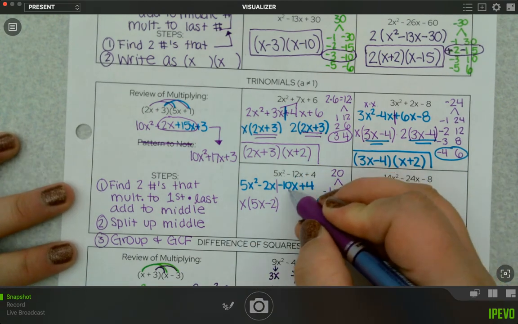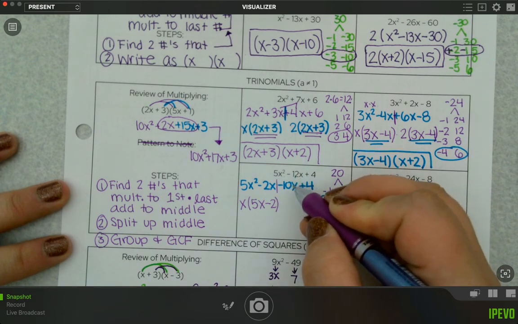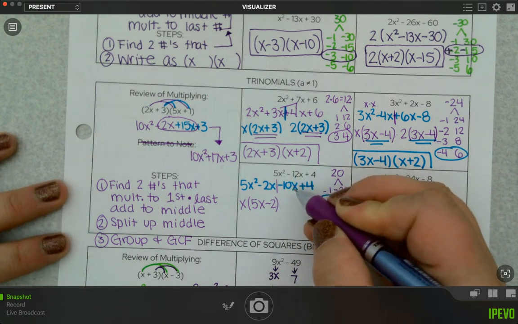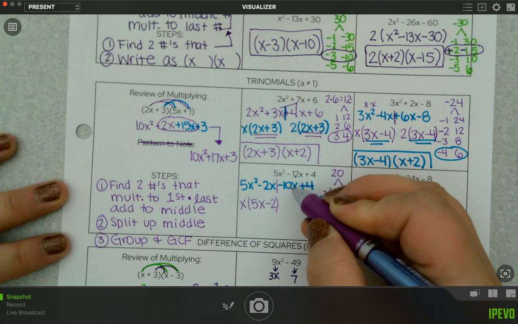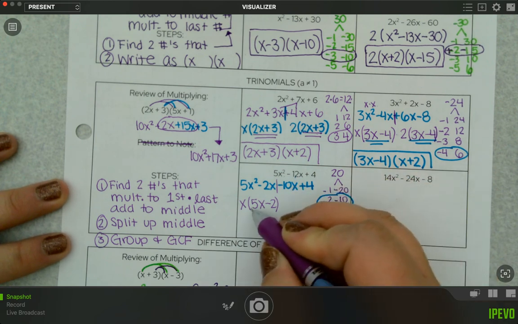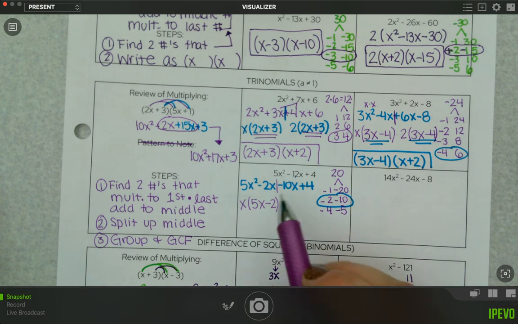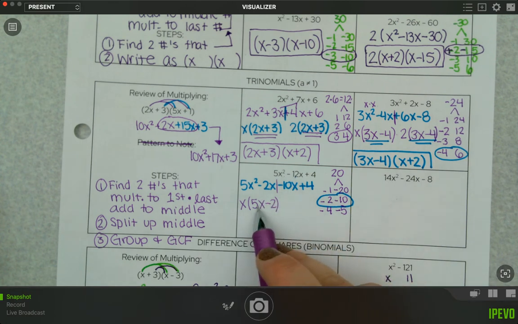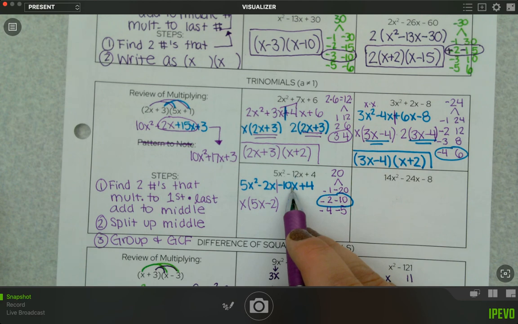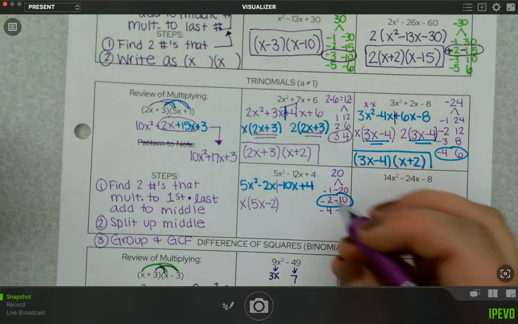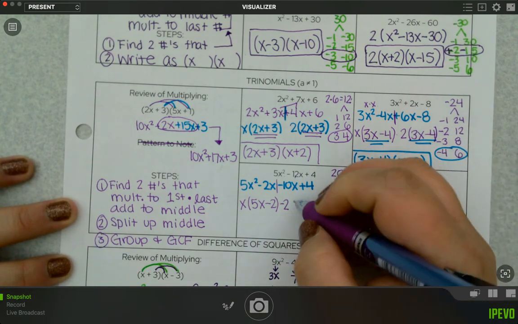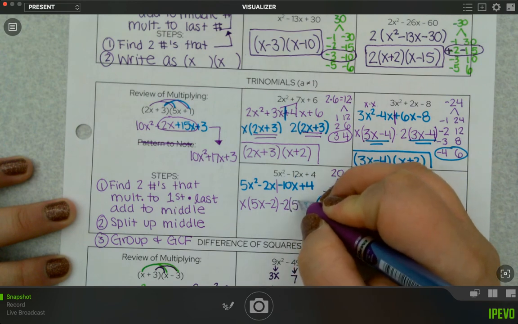And then over here, if this first number is negative, you want to take out a negative number because you don't want the first number to be negative. You want it to be positive like this. You can also kind of cheat a little bit and say, I want this to be 5x first. What do I divide this by to get that? Negative 2. And then negative 10 divided by negative 2 is 5.